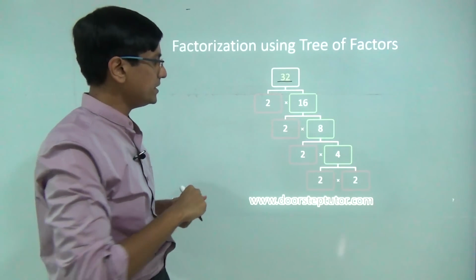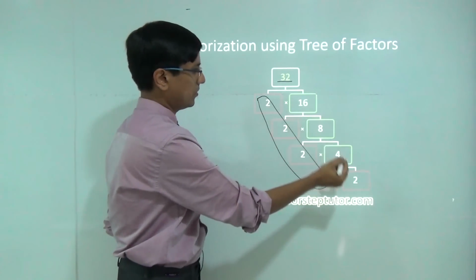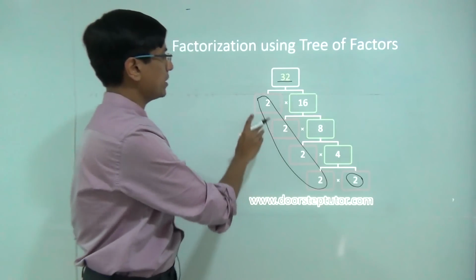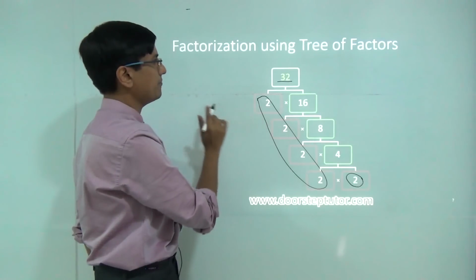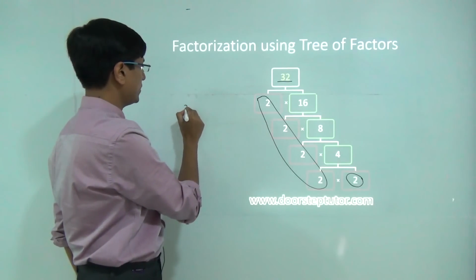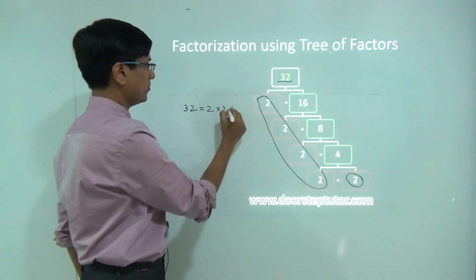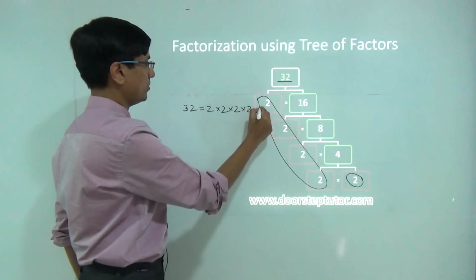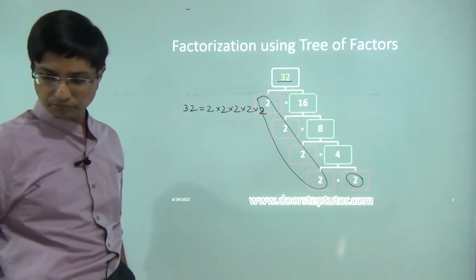This way I can find all the factors of 32, or essentially these are all the prime factors. Using this technique I can find all the prime factors. So I write it like this: 32 is equal to 2 into 2 into 2 into 2 into 2. These are all the prime factors of 32.